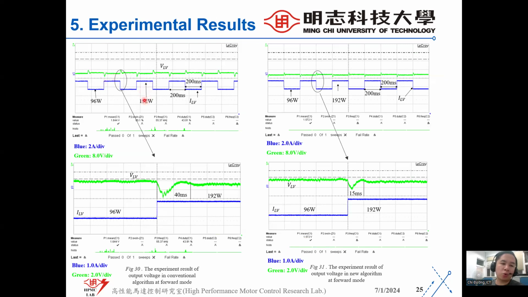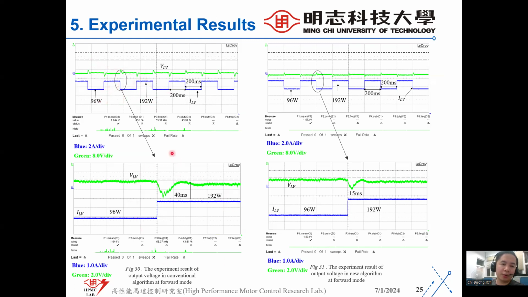This will be 193 watts. As you can see, when adding the load, the voltage will drop, and then it will come back to stable. And when we take out the load, it will have overshoot and will return and remain at the steady state.